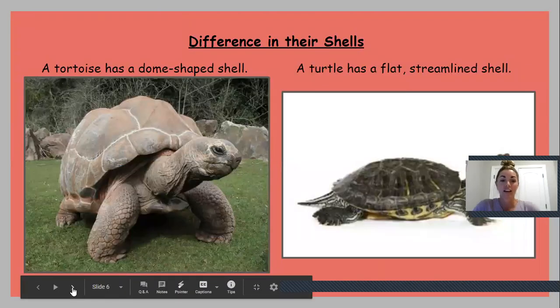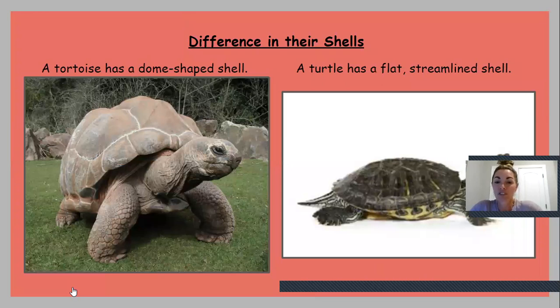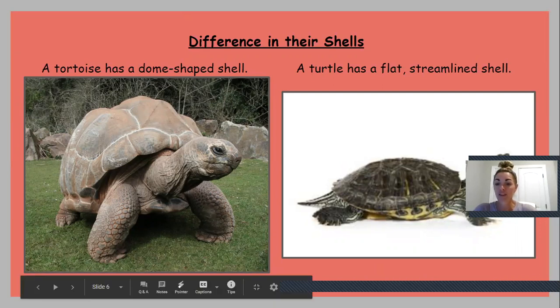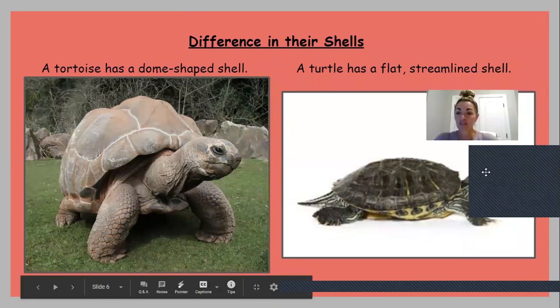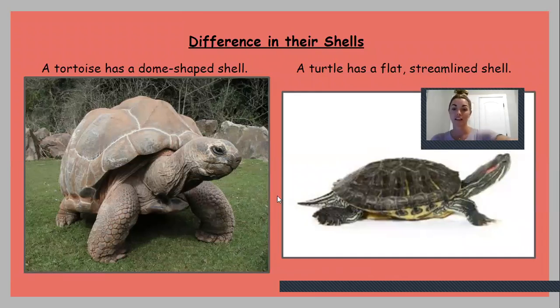A tortoise has a dome-shaped shell, and a turtle has a flat, streamlined shell. So you can see the difference in those. You can see that that goes over big time, and then this other one's just smooth.